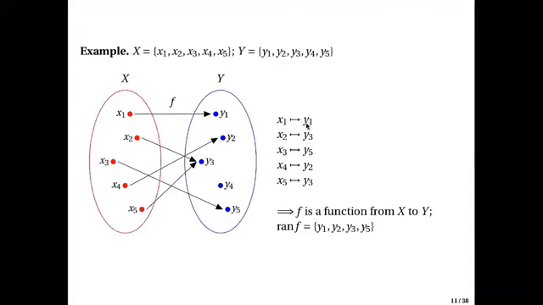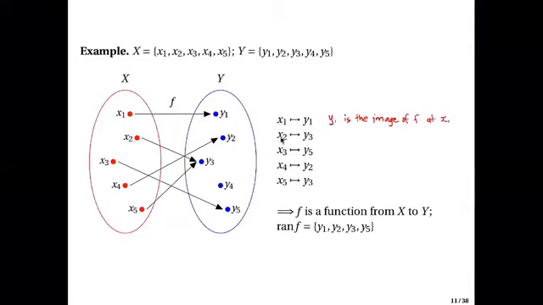So Y1 is the image of F at X1. Okay? So let me just write that. So in here, Y1 is the image of F at X1.